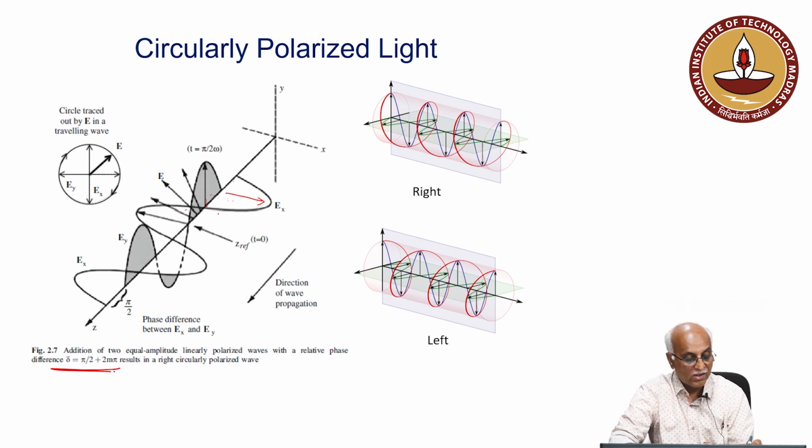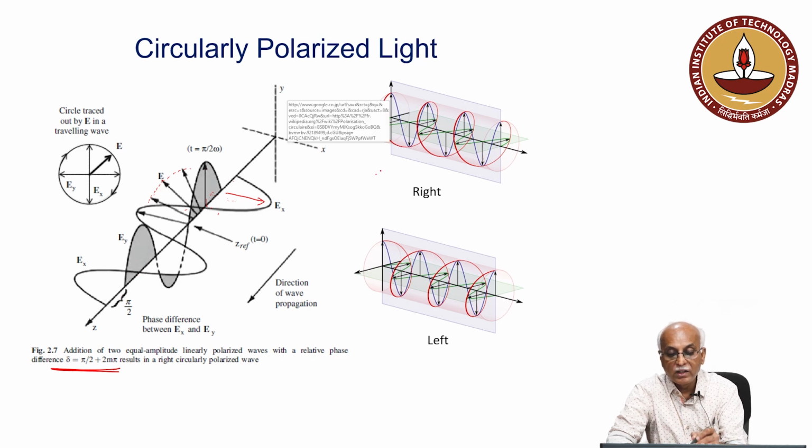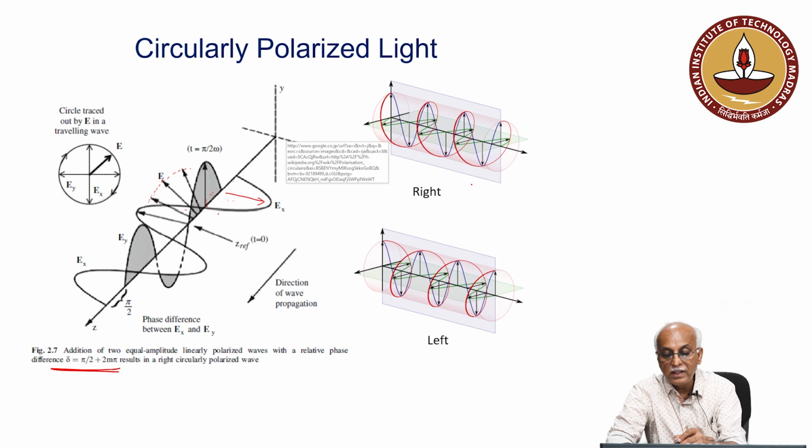So with this phase difference, when these two waves are propagating, the resultant electrical field due to these orthogonal oscillating electrical fields with a phase difference of pi by 2 will vary in such a way that as these two electromagnetic waves propagate through the medium, the electromagnetic wave will propagate like a circularly polarized wave.